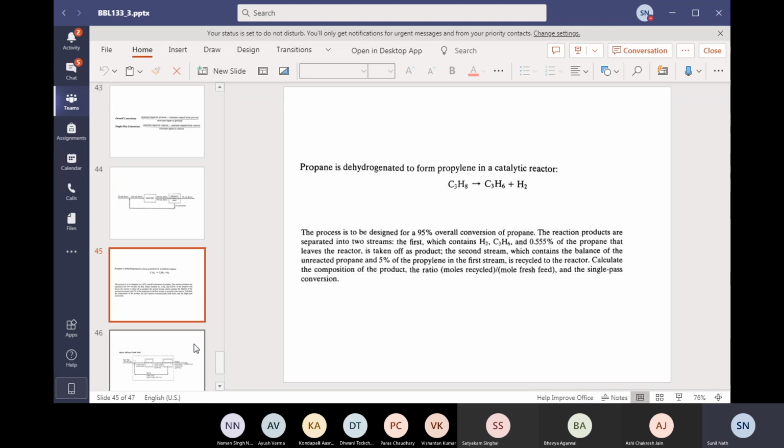And similarly, there will be some moles of C3H8 in the product stream. So you'll have all three in the product stream, and you will have the limiting reactant and the product in the recycle stream. So you have to separately give symbols for them.